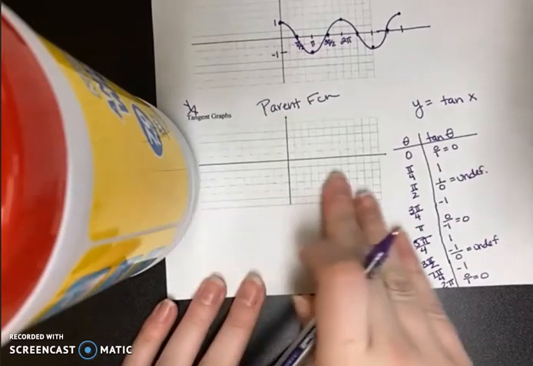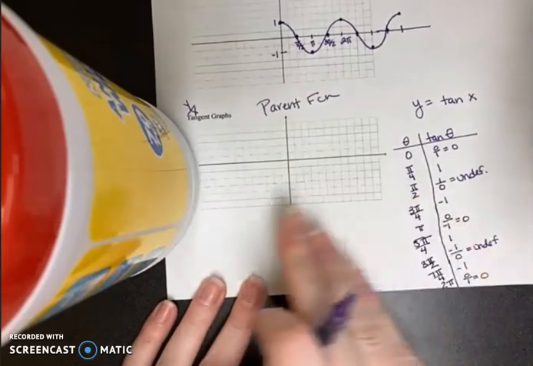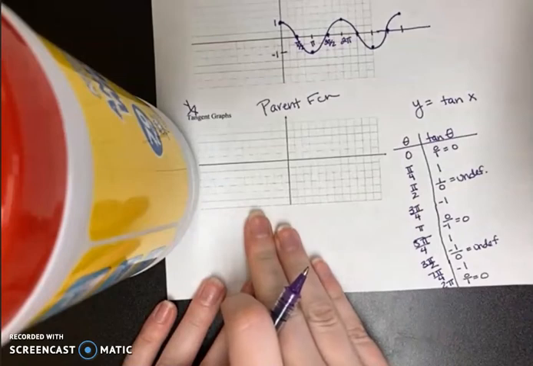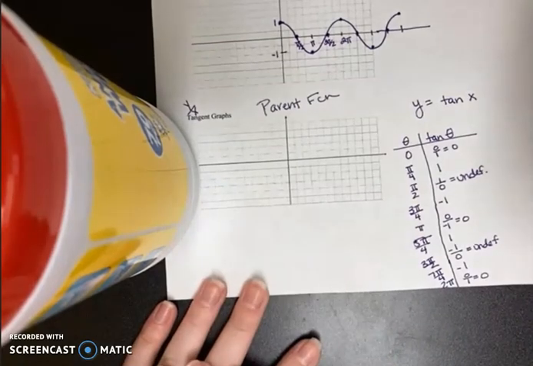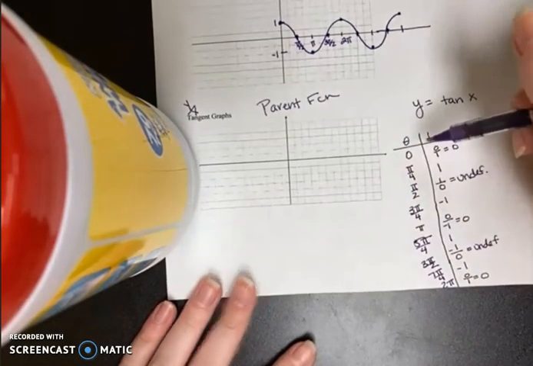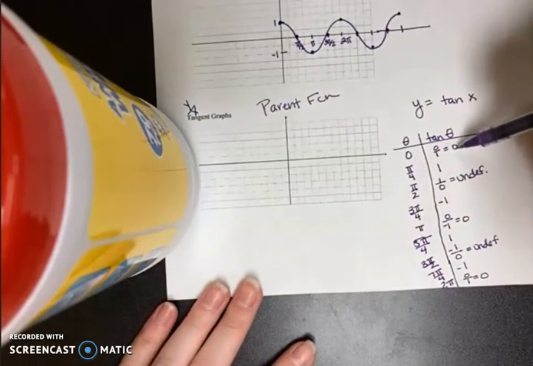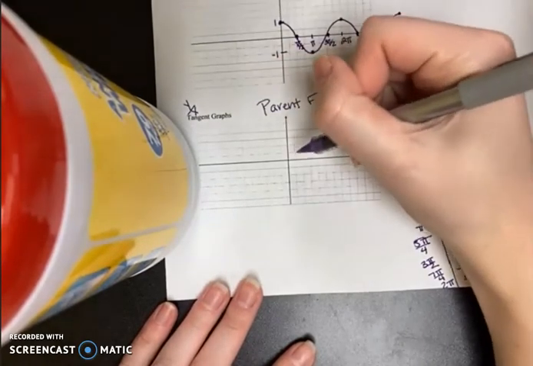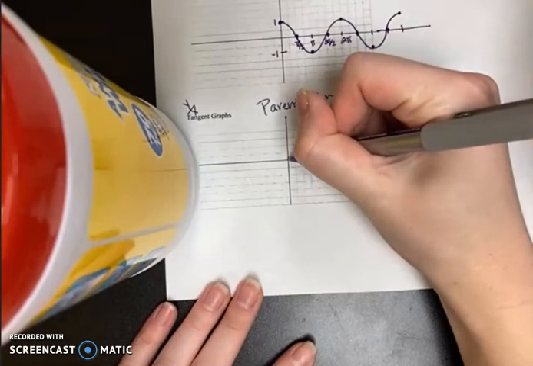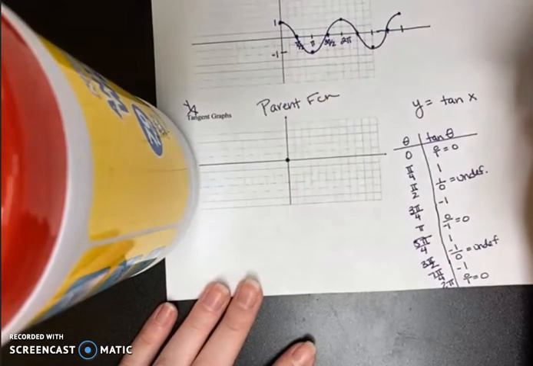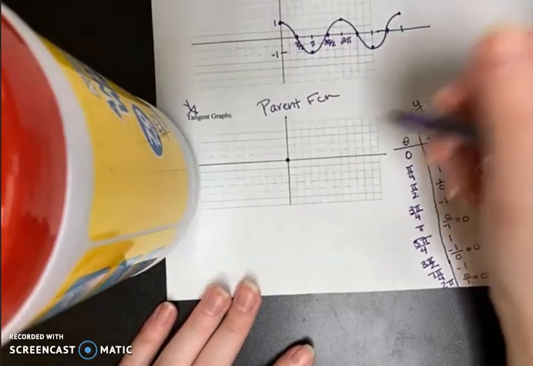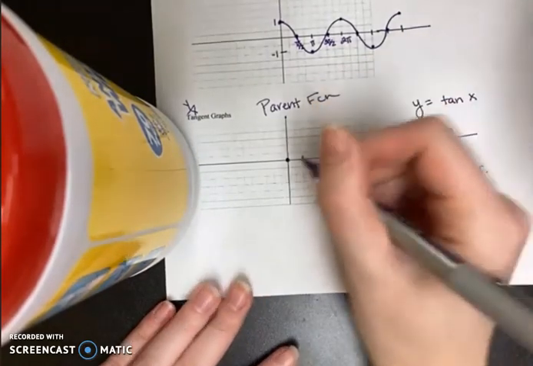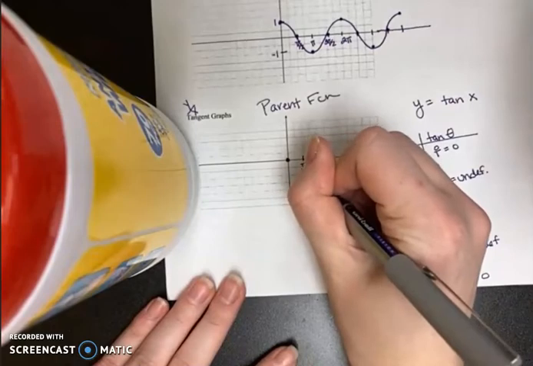If I wanted to take these points and put them onto the graph, this is what it's going to look like. So at 0, it'll have a y value of 0. So here's 0, 0. I'm going to go by a scale of pi over 4 because that's my next one.